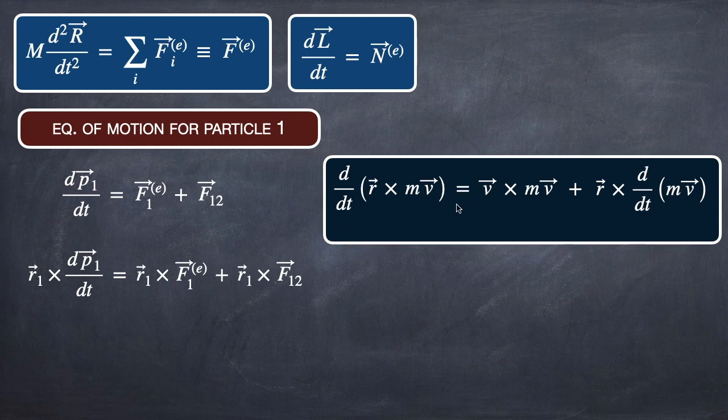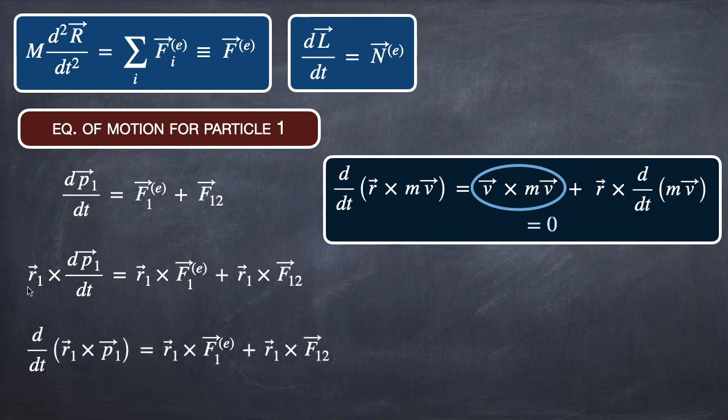But this first term is null. This is equal to 0 because we have a cross product between v and v, multiplied by a constant, a cross product between the same vector. Then the time derivative of this product is equal to this quantity here, and this quantity is exactly what we have here: R1 cross the time derivative of the momentum.